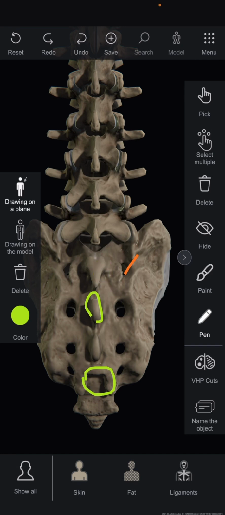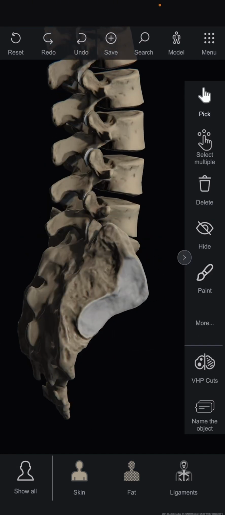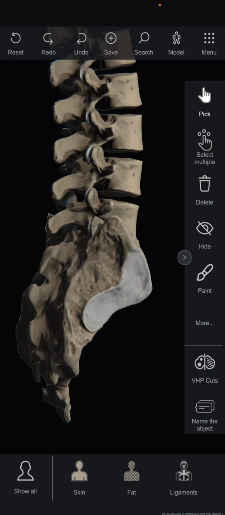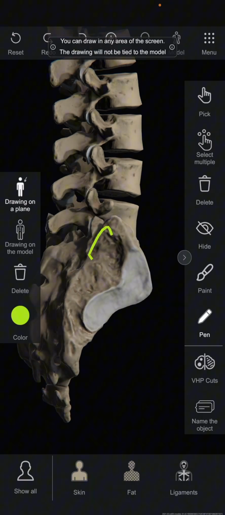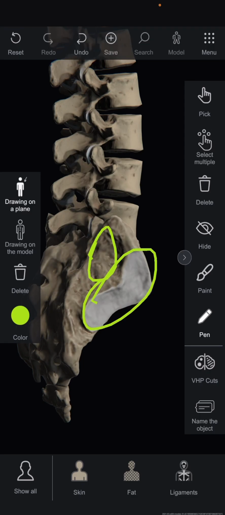Now we go to the lateral surface of the sacrum. Here you can find the sacral tuberosity and the auricular surface. Why is it called the auricular surface?